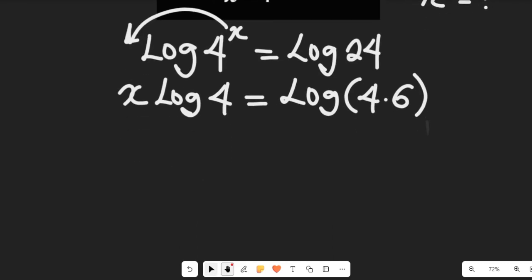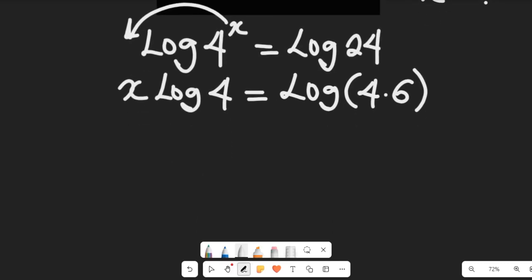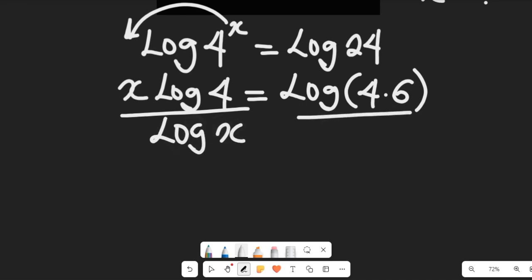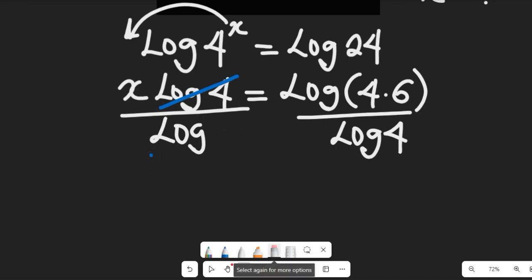Now in the next step, we'll have nothing else to do than to divide both sides by log of 4. That way, we can have the result for x. And this will be divided by the log of 4. That way, for log of 4, we cancel out the log of 4. Sorry about this. This should be the log of 4.